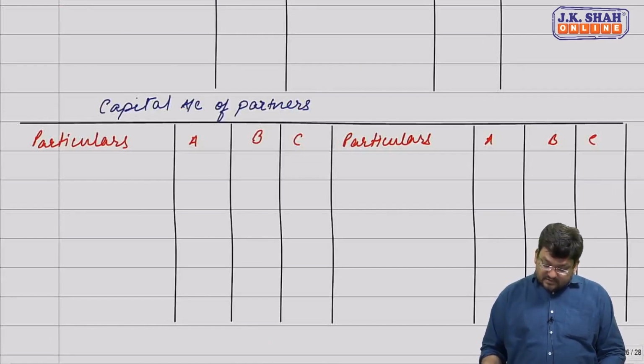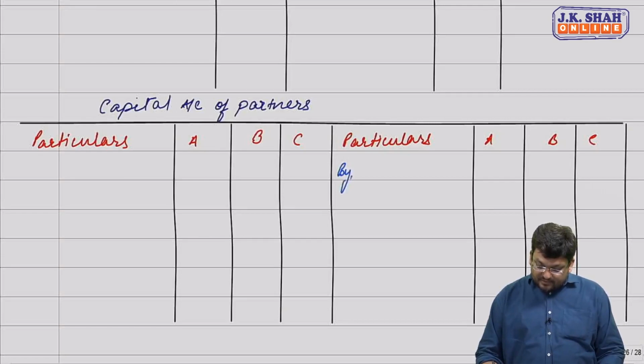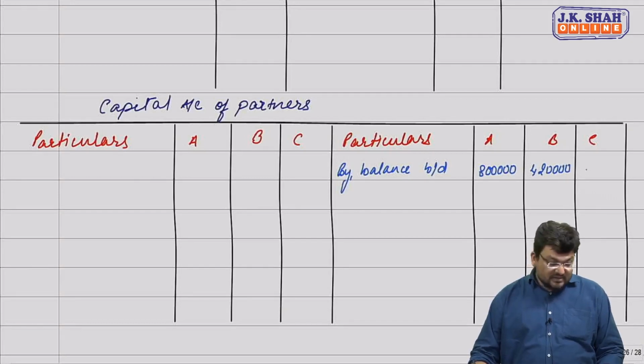In balance sheet, first of all, we are given opening balance of capital. A's capital is 8 lakh. B's capital is 4,20,000. C's capital is 4 lakh.